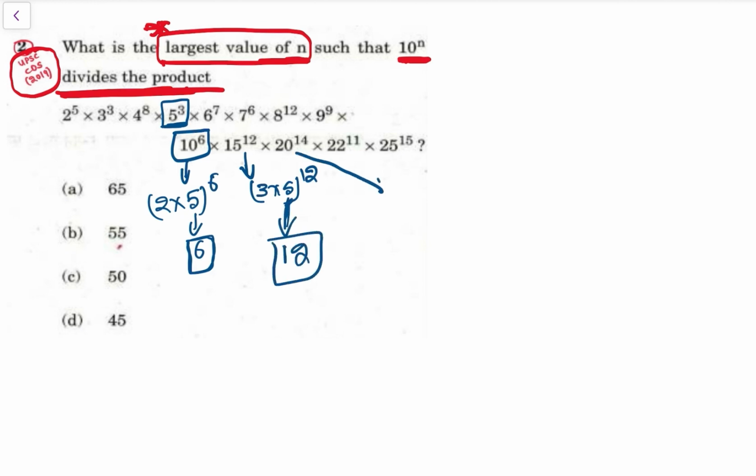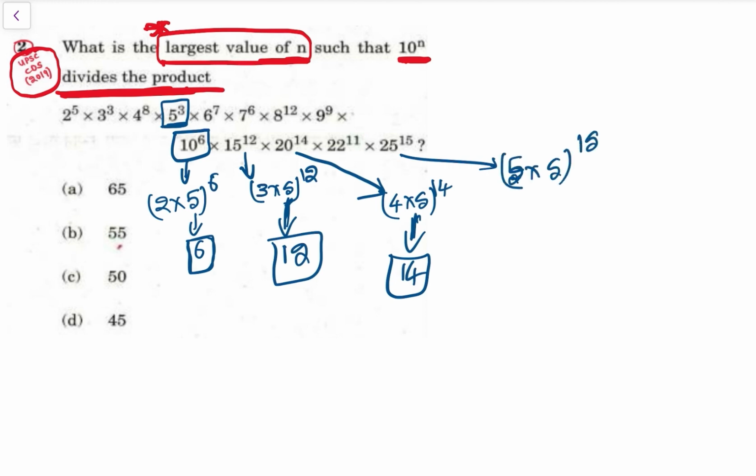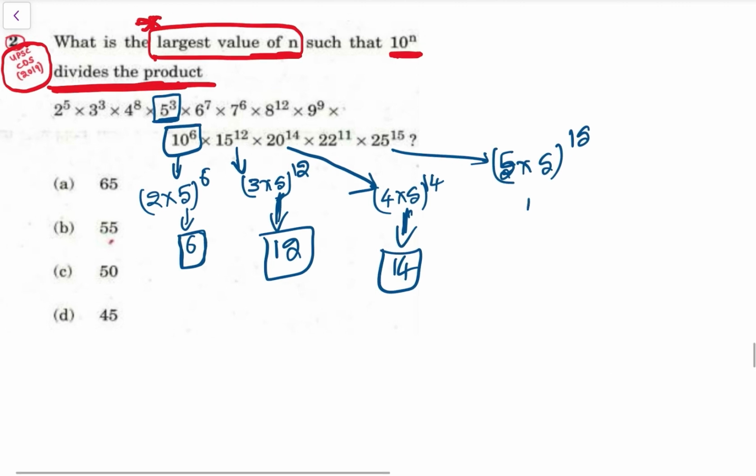Similarly 20 to the power 14 is 4 into 5 to the power 14, so 14 fives. Then 25 to the power 15: 25 is 5 into 5, so here 15 plus 15, that is 30 fives are there.